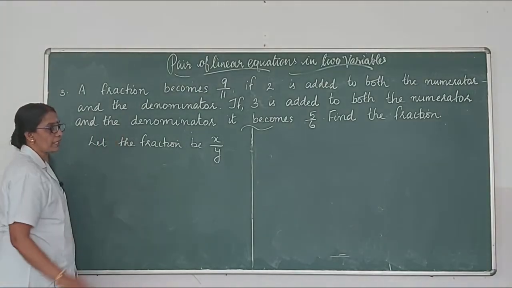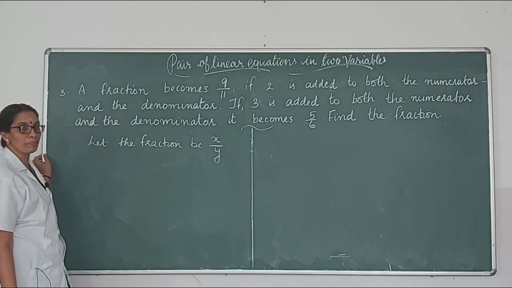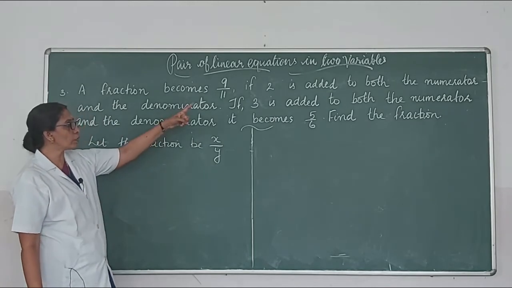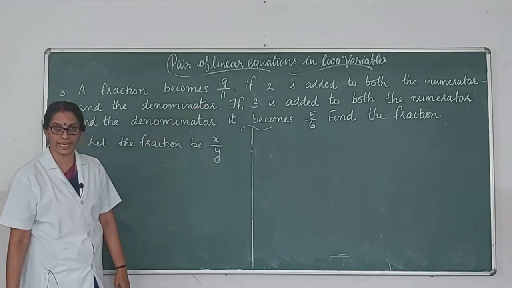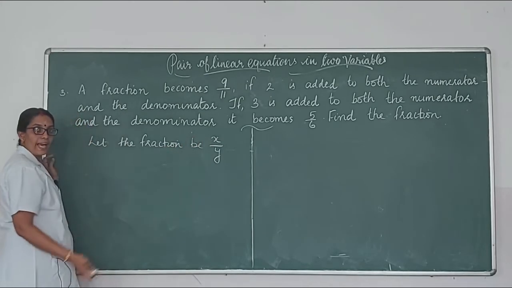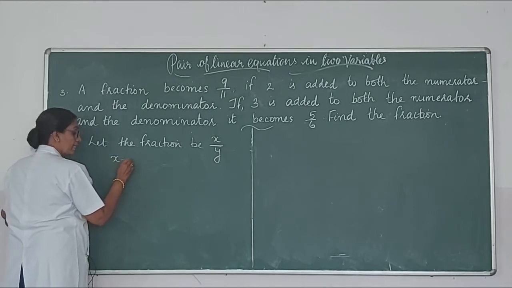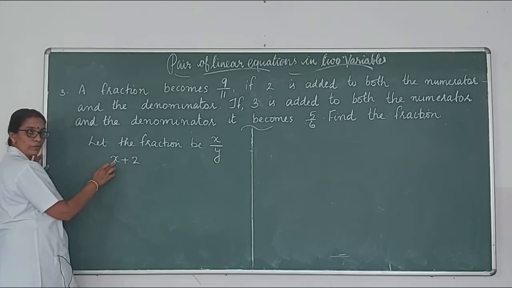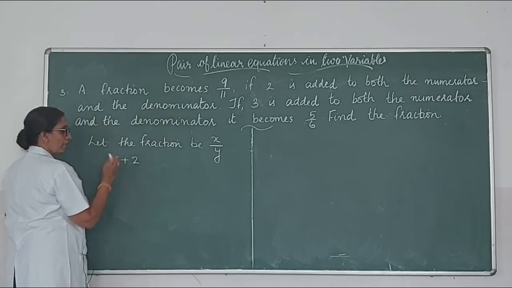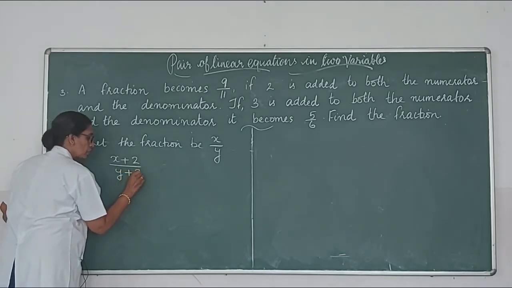Now, we can frame the equation. Read the first statement. This x by y will become 9 by 11 if 2 is added to both numerator and denominator. So, here the numerator is x. If 2 is added to x, it will become x plus 2. The same 2 is added to the denominator also, so the denominator will become y plus 2.